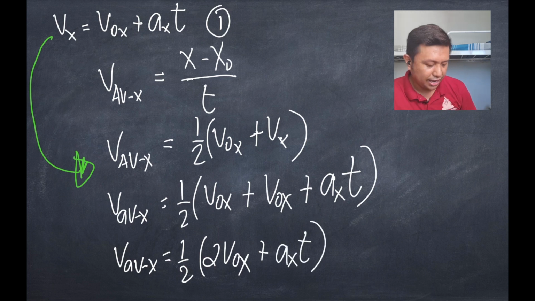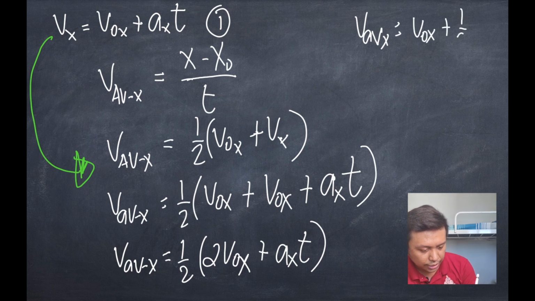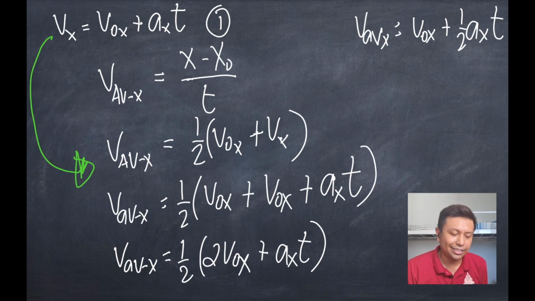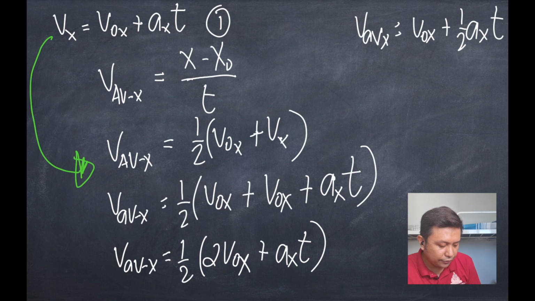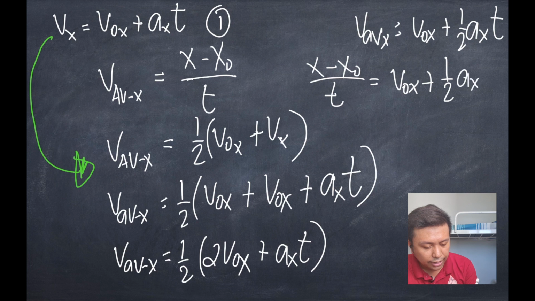Continuing the equation, v average of x is equal to v naught of x plus 1/2 ax times time. Since this v average is also the same as the v average here, we can equate them both. So x minus x naught over time is equal to v naught of x plus 1/2 ax t.